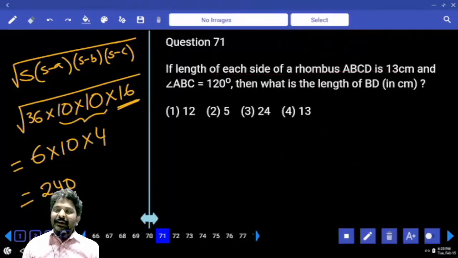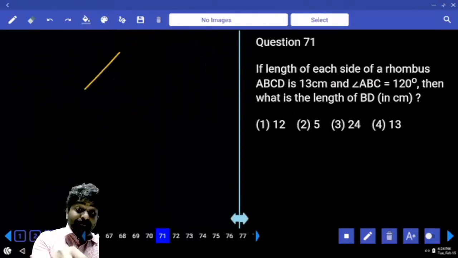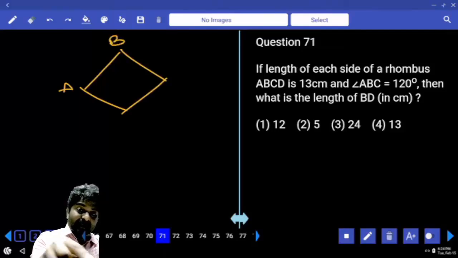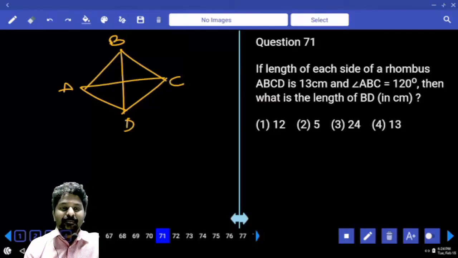The length of each side of rhombus ABCD is 13 centimeters. Angle ABC is 120. The length of BD, okay, BD length. Rhombus A, B, C, D. BD, diagonal is asked.